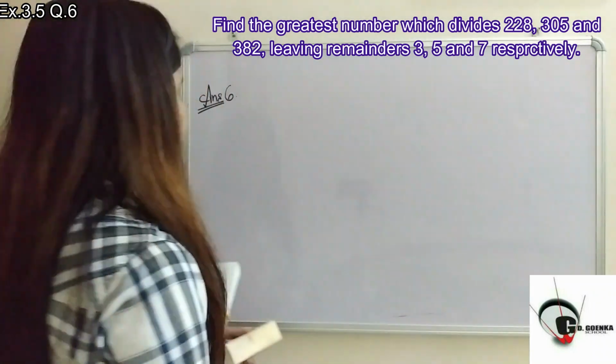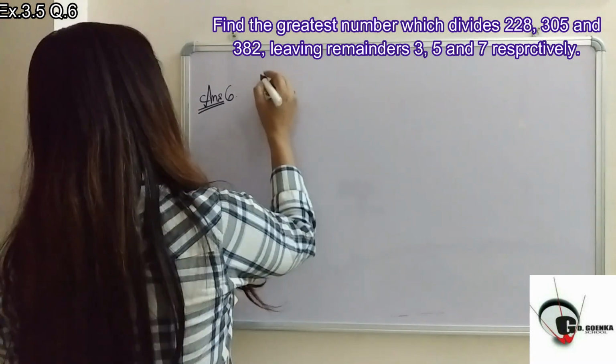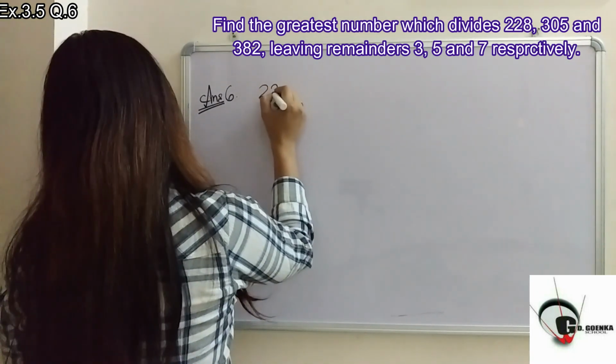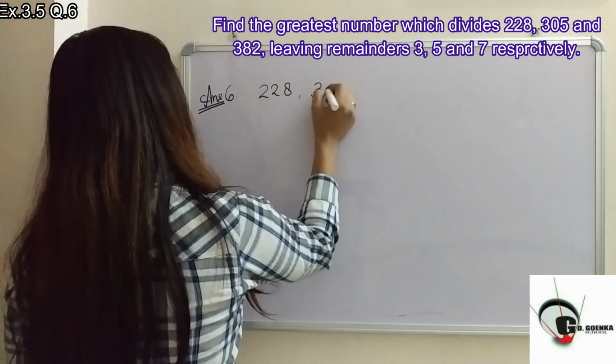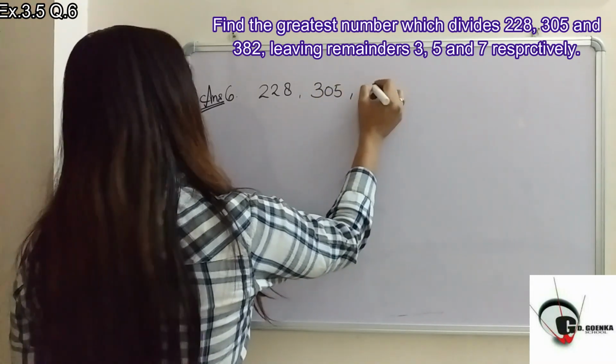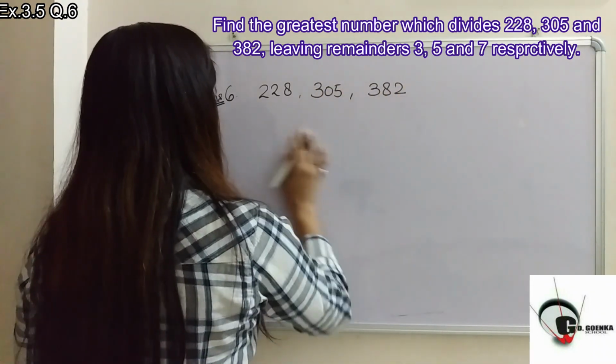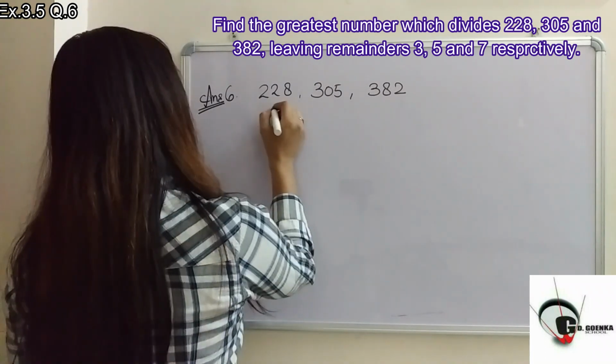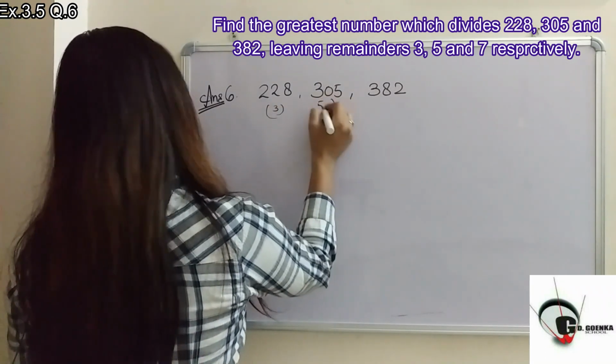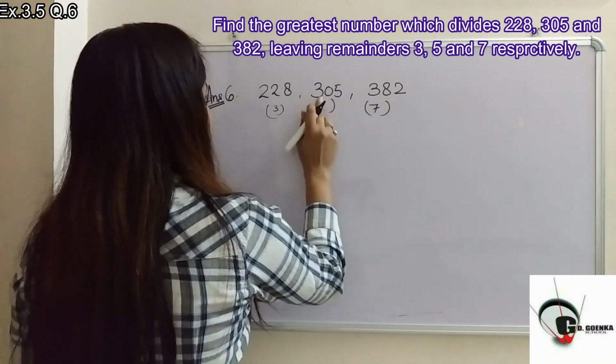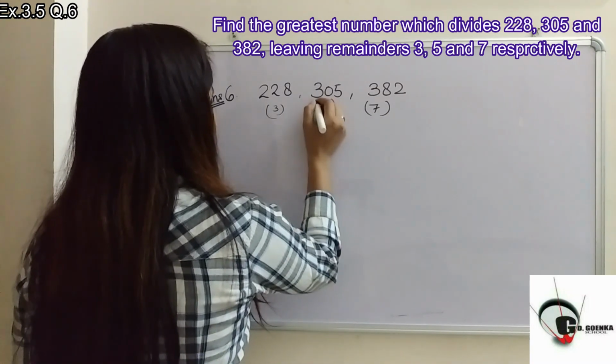How to do it, children? Again the same method. We have 3 numbers, 228, 305 and 382, and they leave the remainders 3, 5 and 7 respectively. So again the same method will apply.